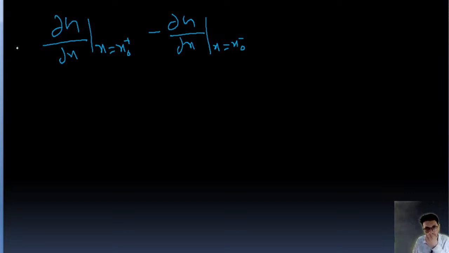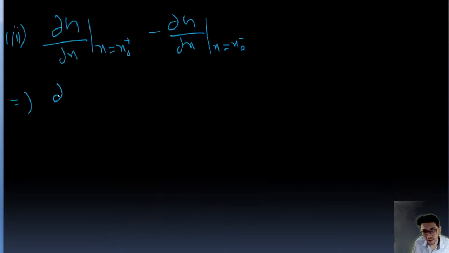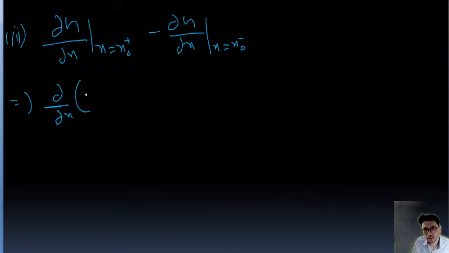This value we will find out. x naught plus means the greater value of g, because this is for x greater than t, and this is the lesser value. So we'll write this first: del upon del x of t into x minus 1.